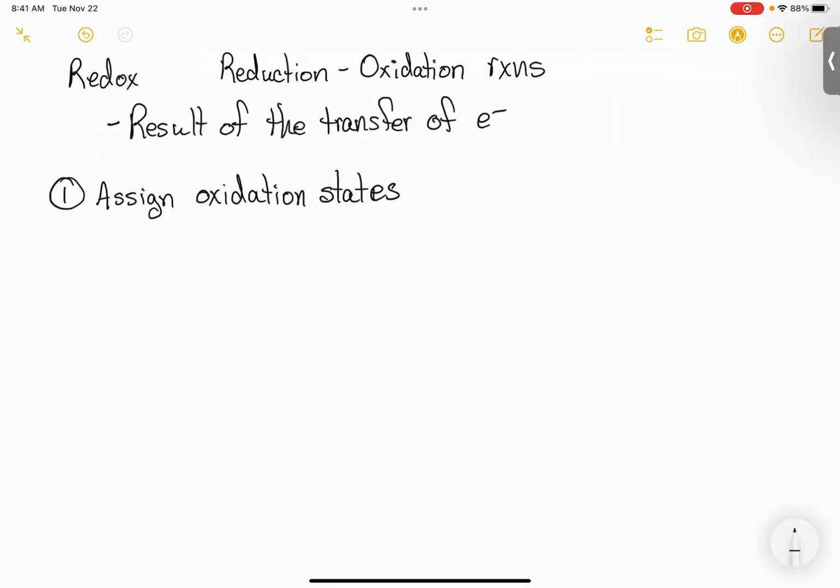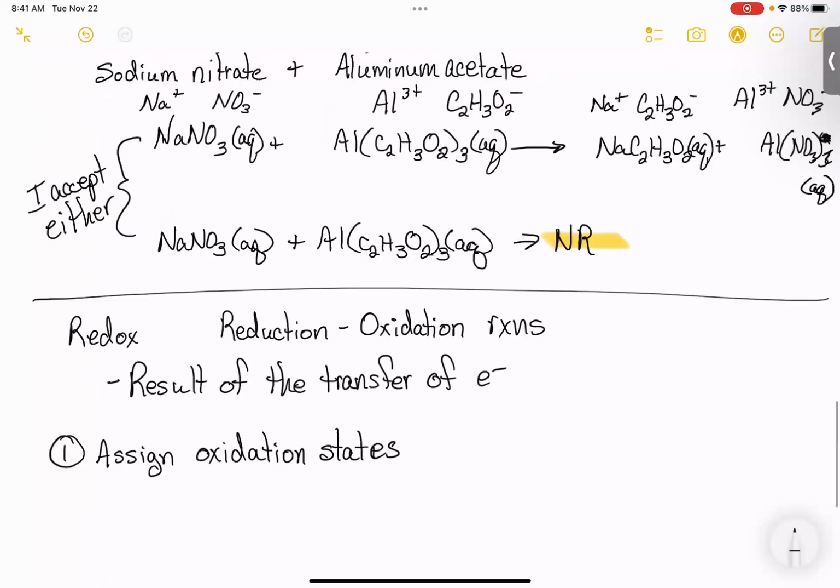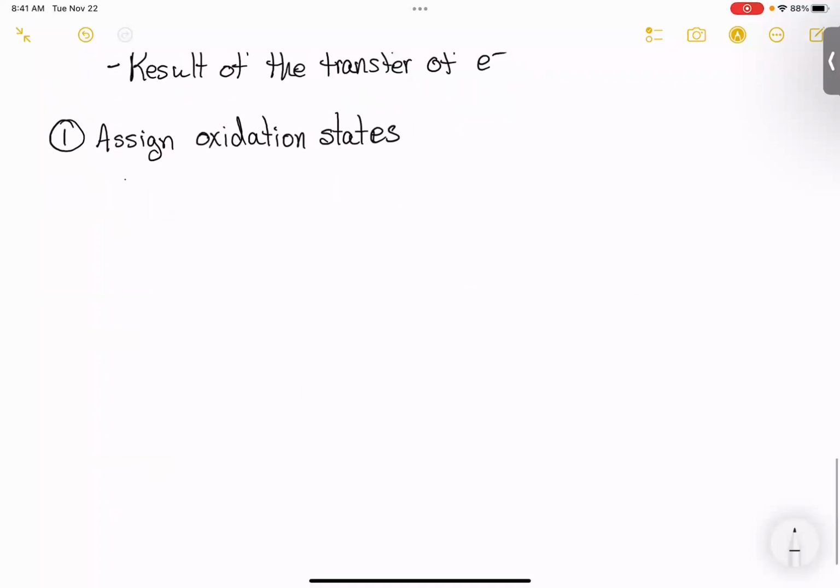Now your rules, there are 5 rules in a calculation. The first rule, elements in their standard state have an oxidation state of 0.